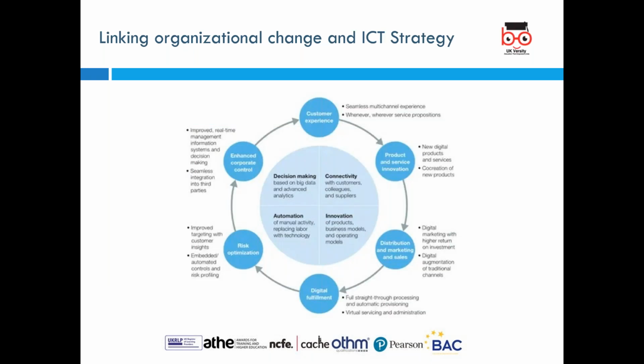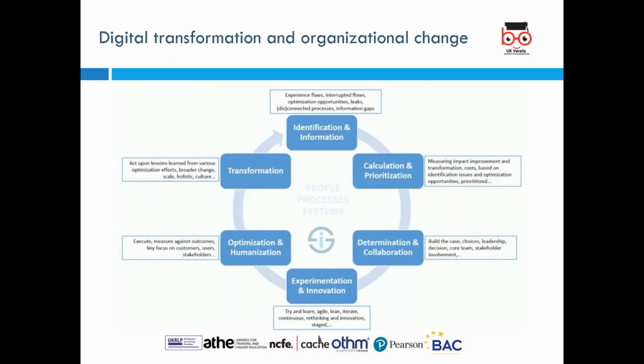This graphic can explain how linking organization change and an ICT strategy, also how digital transformation and organization change. These are the major aspects when we need to look into digital transformation, and how important they're going to be.